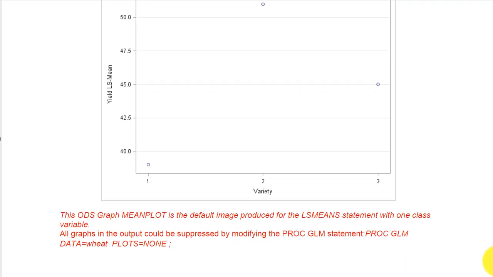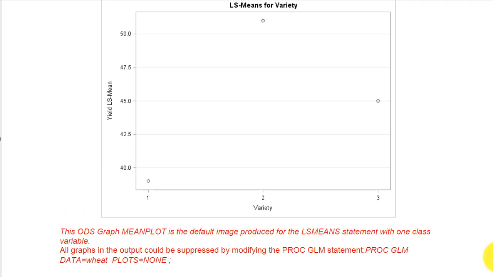The least squares means also generates this ODS graph called a mean plot. It's just got 3 little dots on it. It doesn't look highly informative here. There are some applications that we look at later where these mean plots produced by the LS mean statement might be a little bit more informative than this one. If you didn't want any of the plots, you can use an option, plots equals none, on the proc GLM statement.